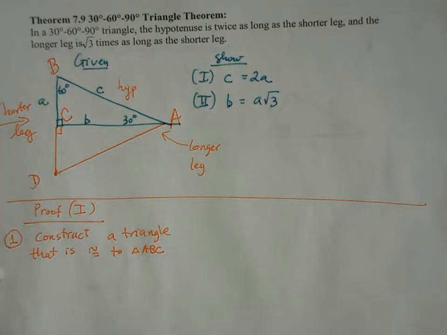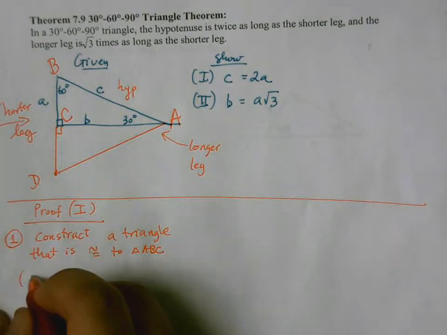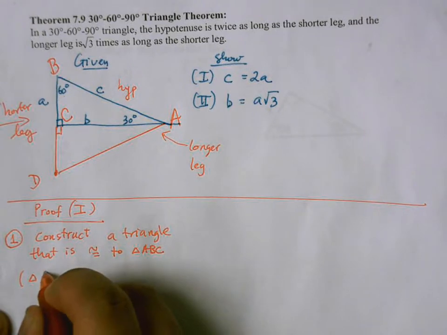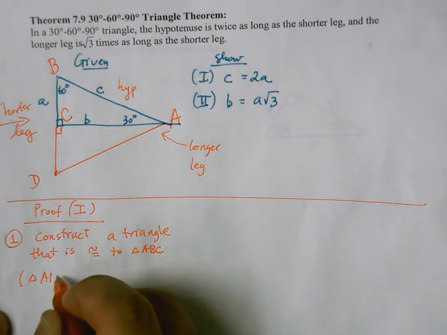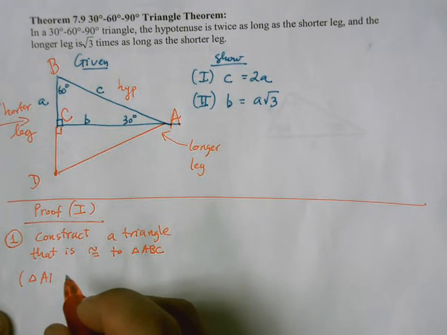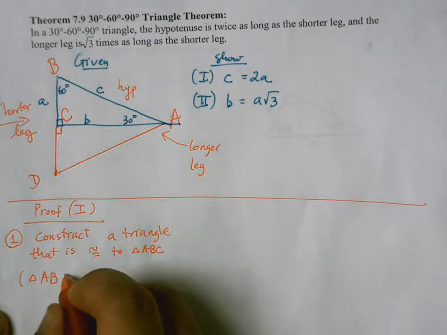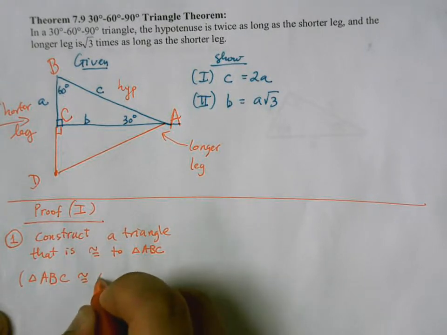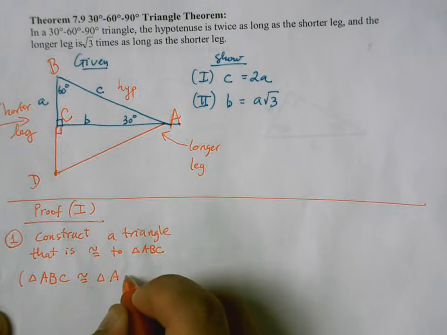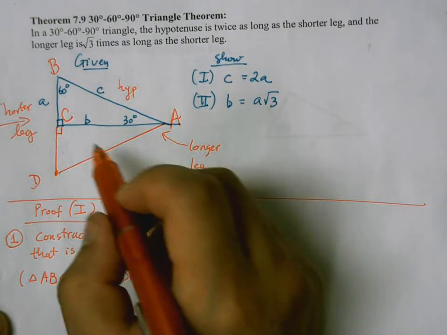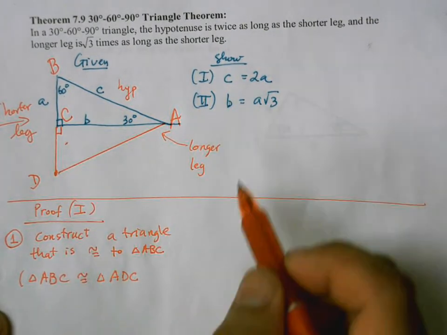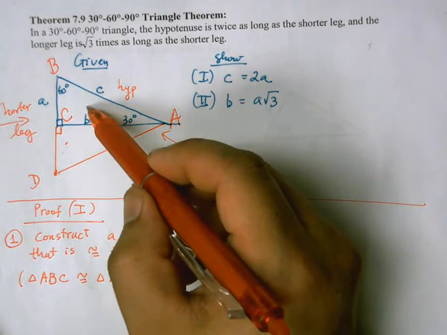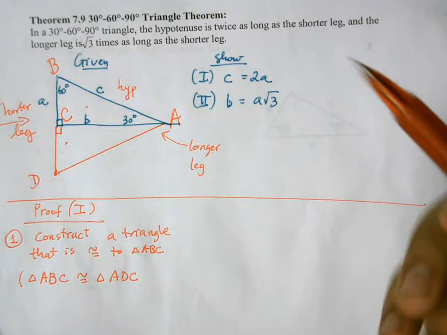And so what we have is triangle ABC is congruent to triangle ADC. ADC is the one we just constructed, and that's congruent to the blue triangle right here.